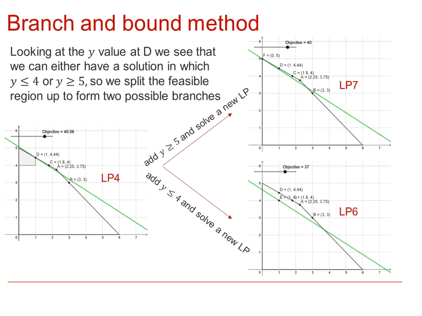LP7 and LP6. So LP7 has an objective value of 40 at the point 0, 5, which we've called F. And then you have LP6, which has an objective value of 37, and this occurs at the point 1, 4 or E. Both of these are integer solutions in the feasible region, hence we will stop.